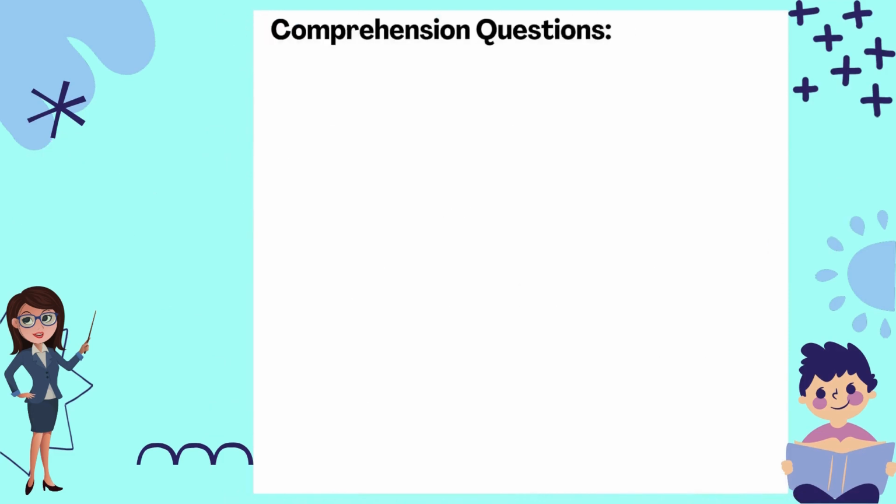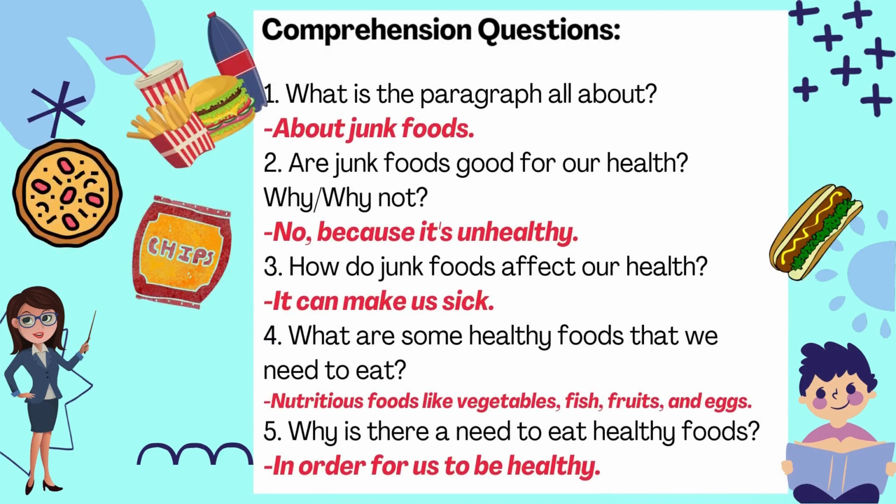Okay, take a look at your answers. For question number 1, what is the paragraph all about? About junk foods. Number 2, are junk foods good for our health? Why or why not? No, because it's unhealthy. Number 3, how do junk foods affect our health?